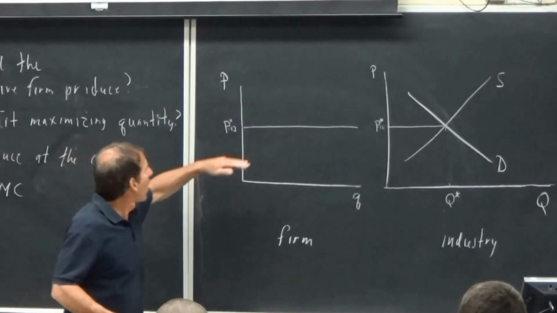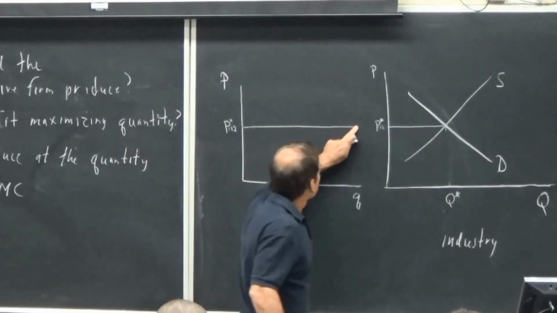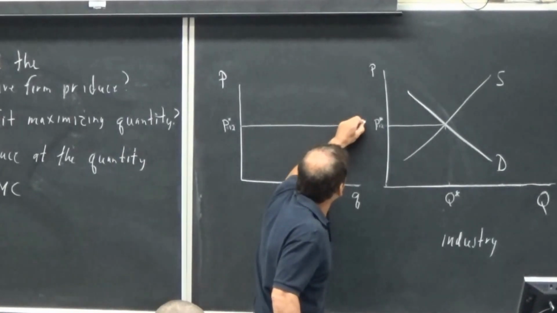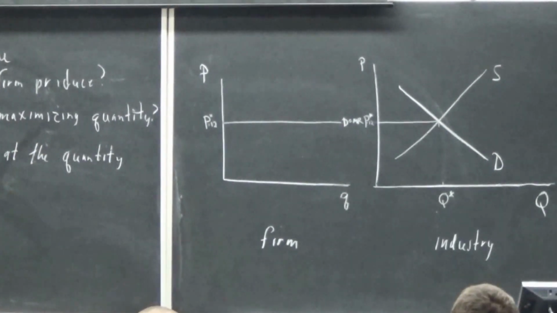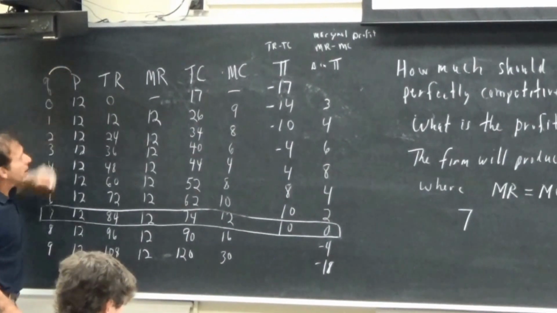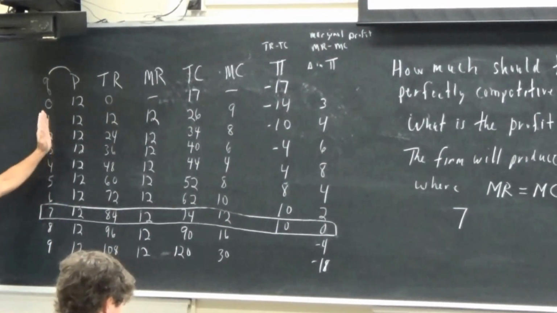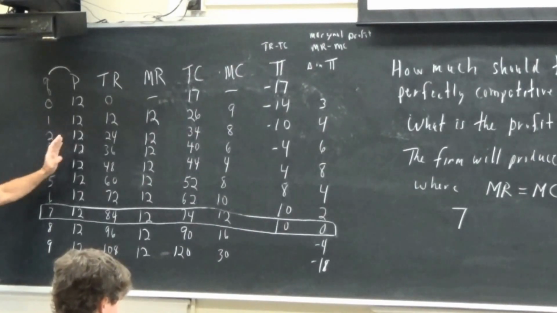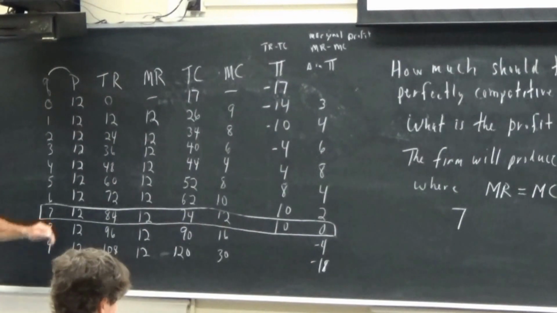Okay, so now we have this demand curve. This is also going to be our marginal revenue line. Because remember what we said before last class, our demand is the relationship between Q and price. So if I plot these 2 points, the relationship between Q and P, I get this horizontal line going across at 12.